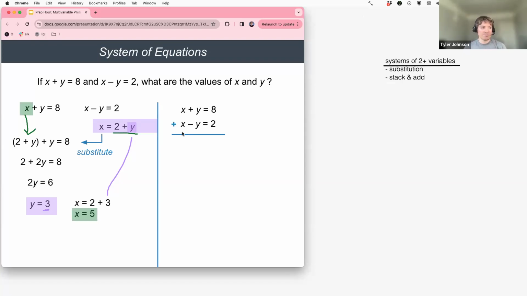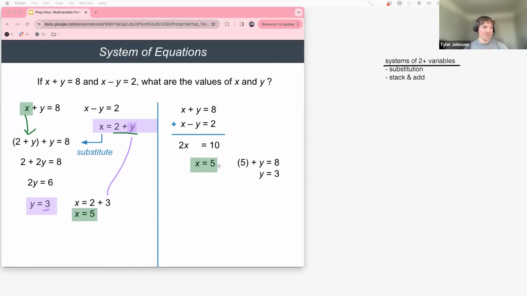And you'll notice in their current forms, if I add them, because I have a plus y in the first equation and a minus y in the second, the y's instantly drop out. And right away, I get a value for x. And then from there, it's the same as we saw in the previous strategy. You just plug that new value into one of the earlier equations and get your y value.